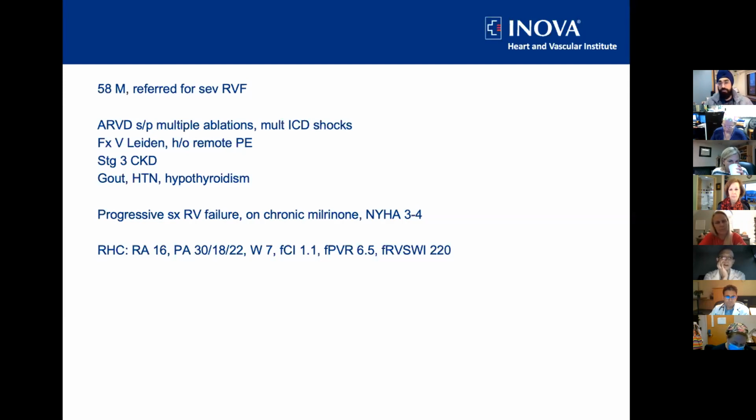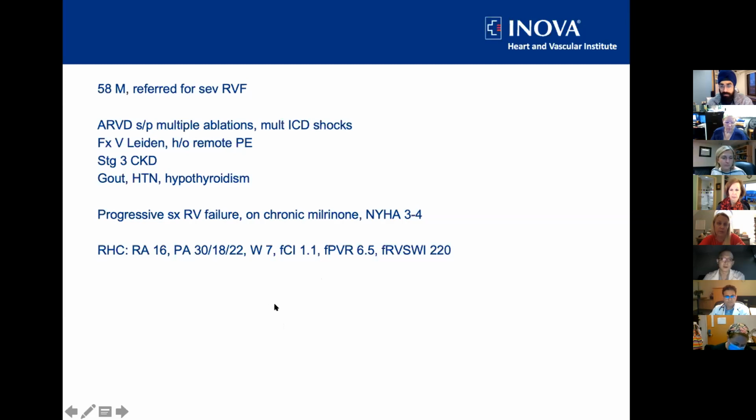And then it was, oh, by the way, in the background, he does have a history of a hypercoagulable state and a remote history of a pulmonary embolus. And he had the usual smattering of comorbidities that unfortunately go with chronic disease. So fairly symptomatic, pretty severe. And interestingly enough, if you look at this, it's a very mixed picture.